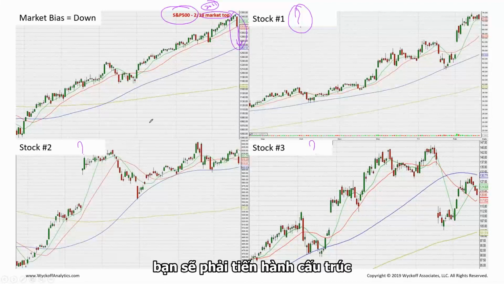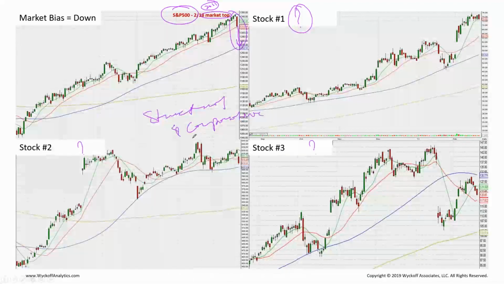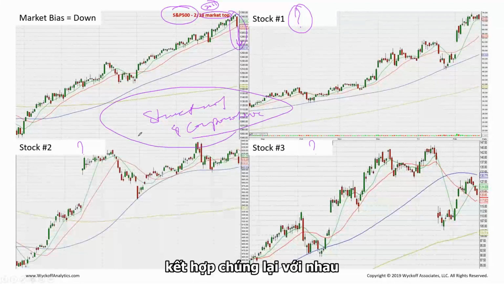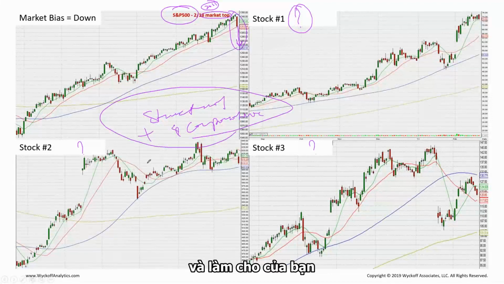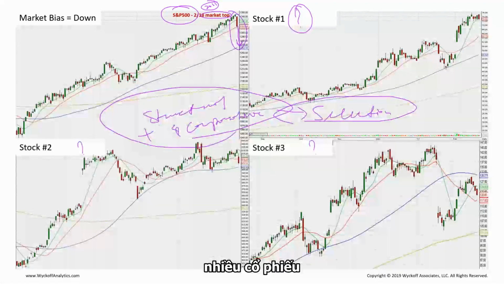You will have to conduct structural and comparative analysis. Combine them together and make your selection as to the stock or maybe multiple stocks.